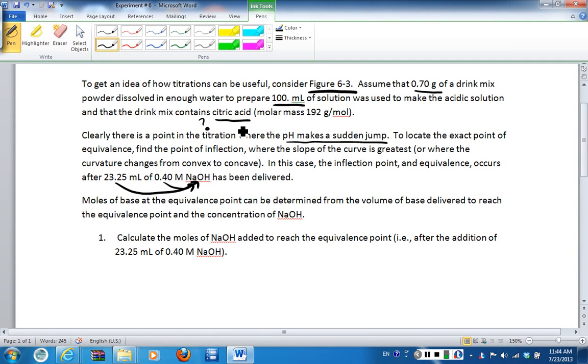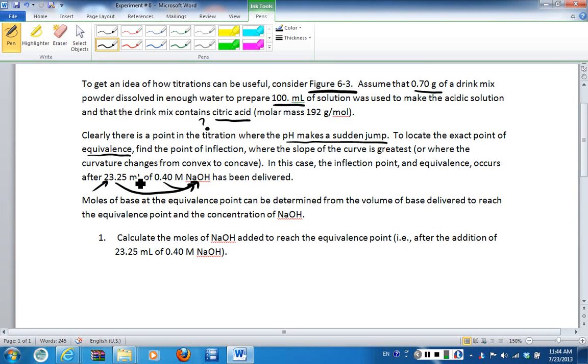And this is exactly what you're going to do when you get to lab and perform experiment number 6. You are going to test a drink mix and determine how much citric acid is present by using a known concentration of base and determining where the equivalence point is, and using that volume you can determine the amount of citric acid, and then you can determine the percent amount of citric acid in your drink mix.